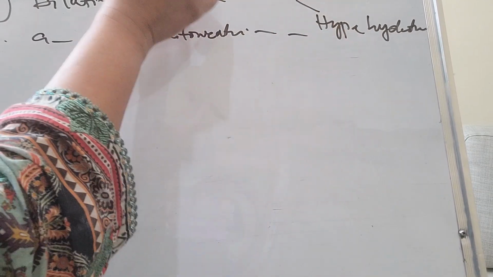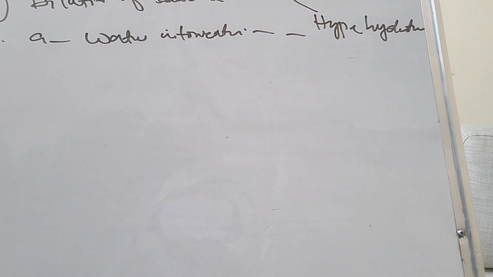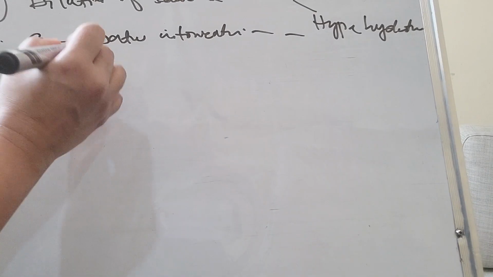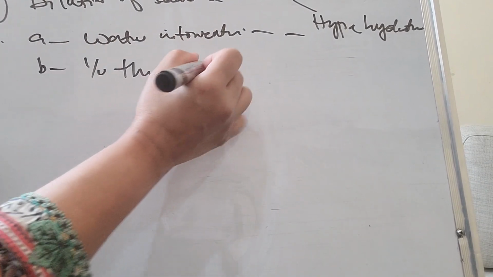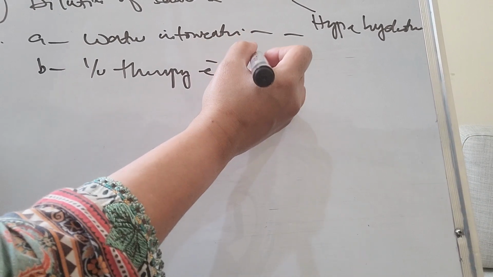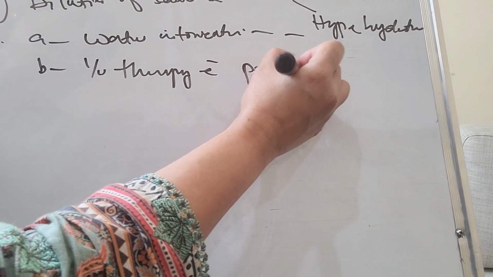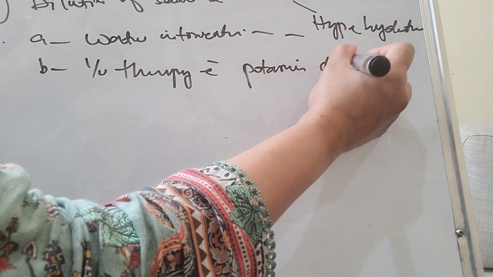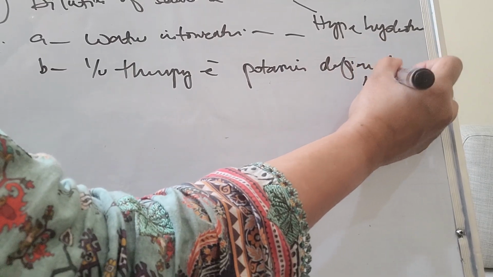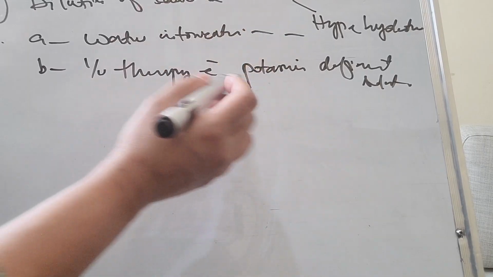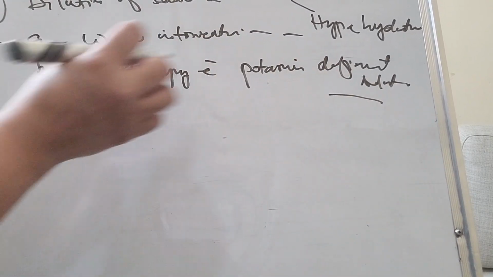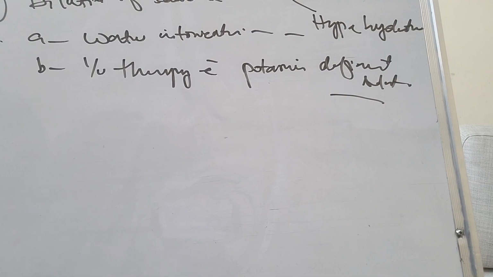In that situation also the patient has hypokalemia. Number B, IV therapy with potassium deficient solution. If the patient is taking medicine that decreases the potassium level, it can also create hypokalemia.